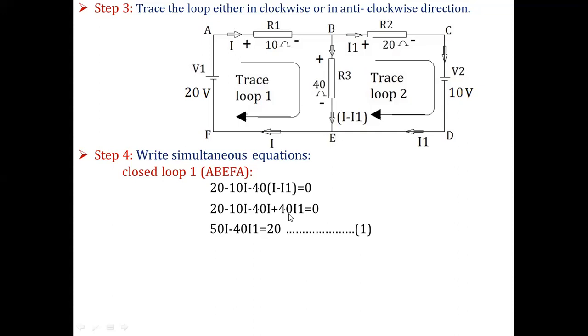Minus 40 I1 we have written, and equal to 20 we have kept here, now this term we have to send to the opposite side, equal to 20. Is it clear now?